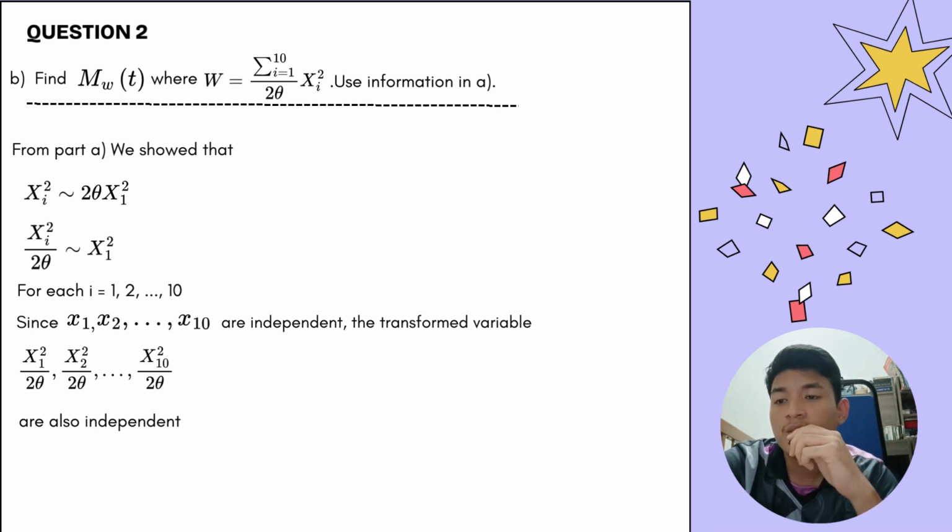Since X1, X2, X3, X4, X5 until X10 are independent, the transformed variables X1 squared over 2 theta, X2 squared over 2 theta, until X10 squared over 2 theta are also independent.